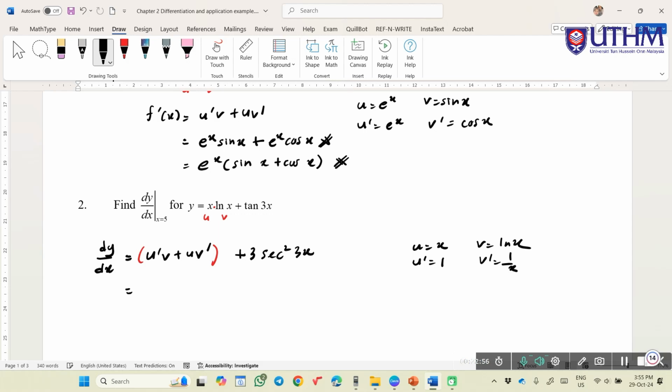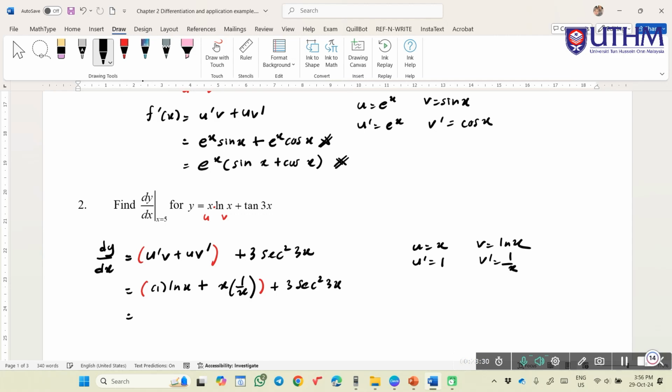So u prime is 1, v is ln x, plus u is x, v prime is 1 over x, plus 3 secant squared 3x.